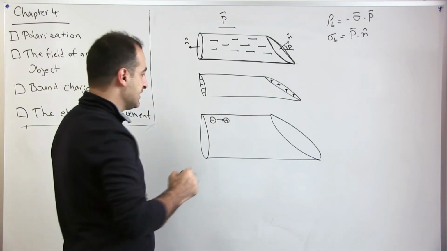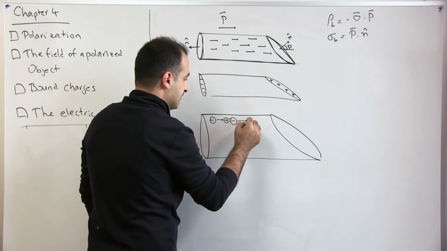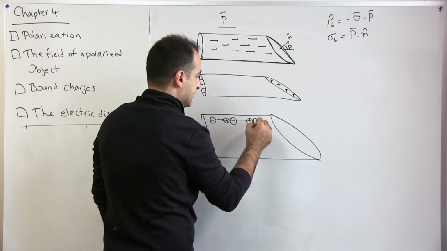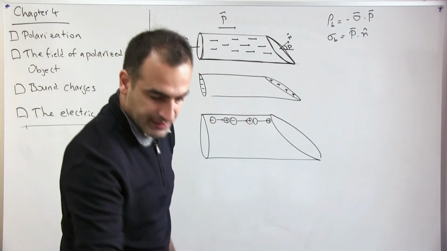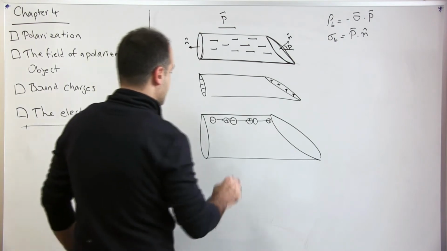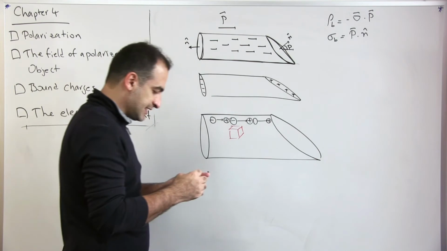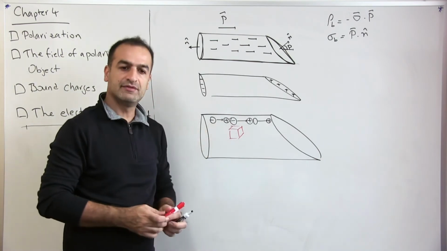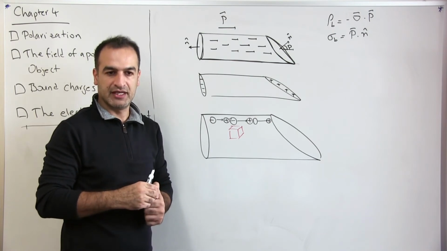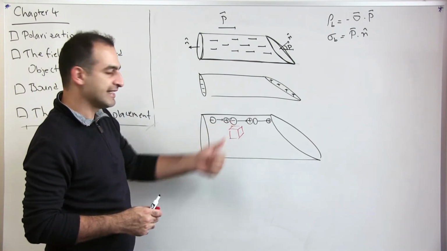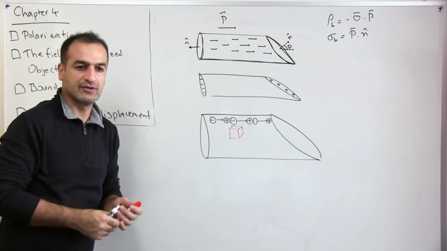If you continue this, there is another dipole, negative charge and positive charge, and another negative charge and positive charge here. So if you consider one piece right in the middle, you have this accumulation of negative and positive charges in a way that these charges cancel out each other. For each positive charge, there's a negative charge sitting next to it, and that really cancels out the net charge inside.